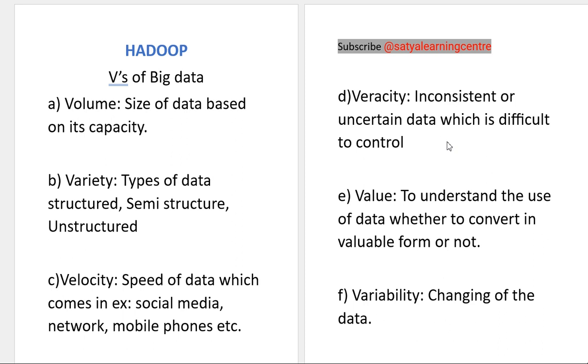But nowadays, when social media and mobile networks came into the picture, we are going to discuss the speed of the data that comes as social media data, like Facebook, Twitter, Google, Instagram, WhatsApp, and Google search engine data. All types of data will have some velocity. So we need to consider the frequency of the data, how frequently the data is coming into our stages.